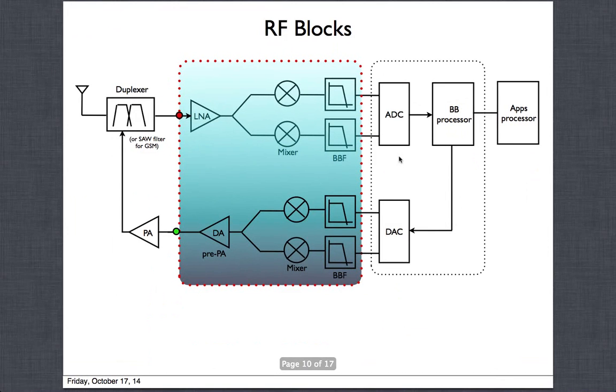Okay, let's continue on to look more into the blocks, right? So we looked at this picture earlier, and I've tried to highlight this block, which is what many of the companies design as their RF transceiver. It has the RF and analog block, and the digital part goes in a separate digital chip or die.